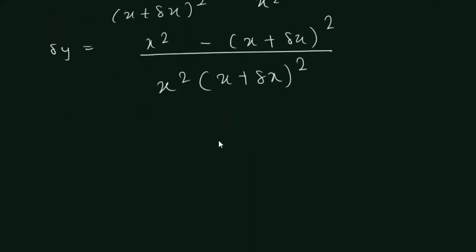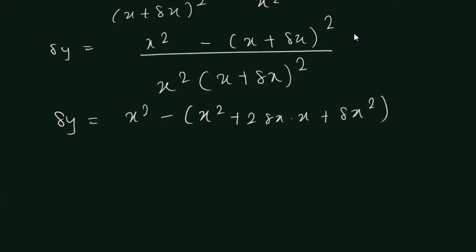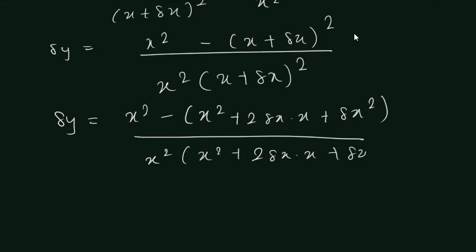So in that case, delta y is equal to x squared minus, we will expand this term. If we expand x plus delta x squared, it is going to be x squared plus 2 delta x into x plus delta x squared, divided by, below also let's expand, x squared times x squared plus 2 delta x into x plus delta x squared.